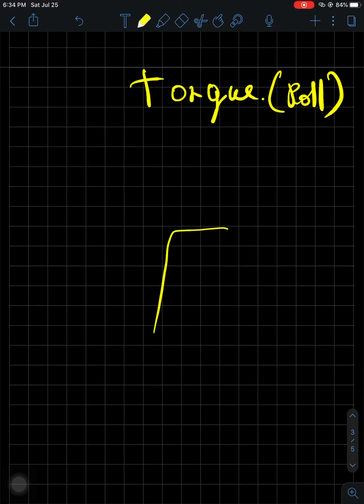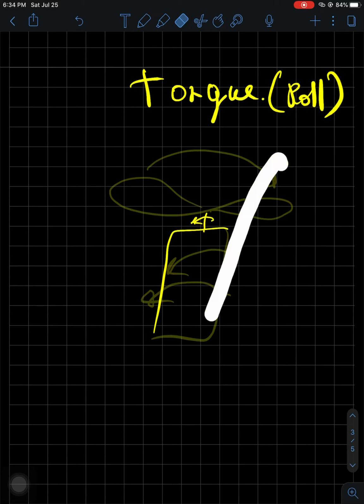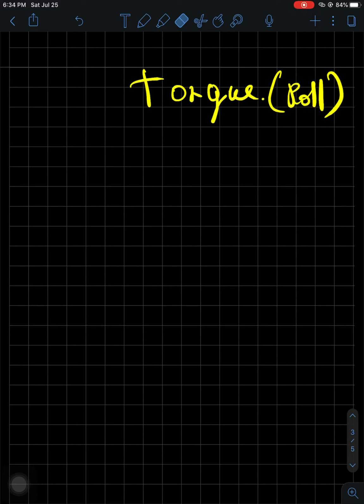So if you're flying a single engine aircraft, the propeller rotates clockwise, the shaft tries to go counterclockwise, and the whole airplane tries to go counterclockwise at this point. The same thing in your multi-engine aircraft.